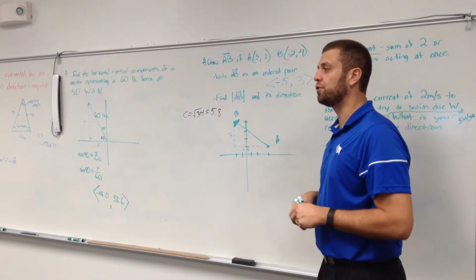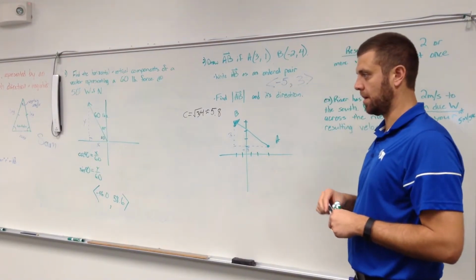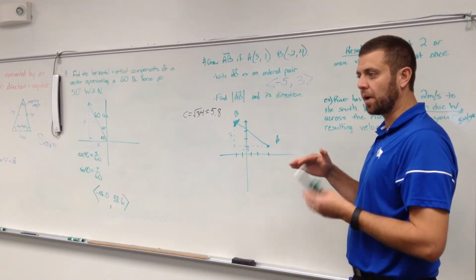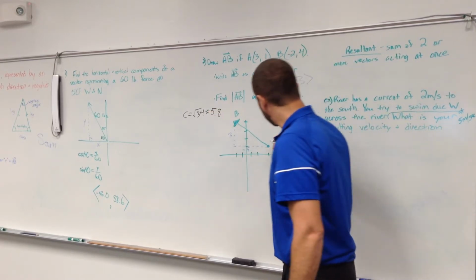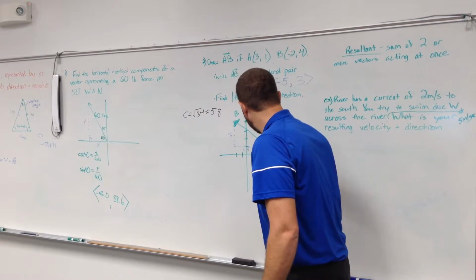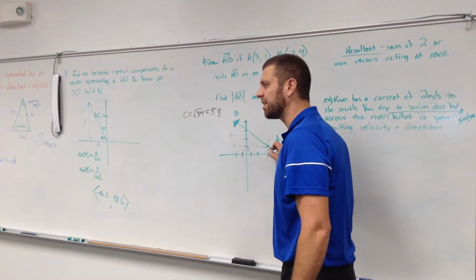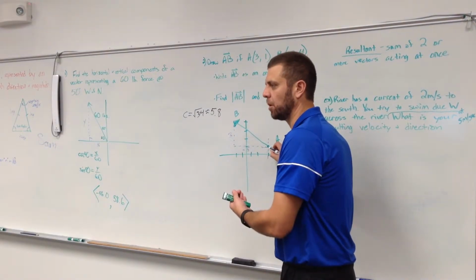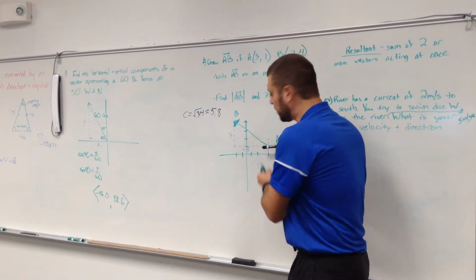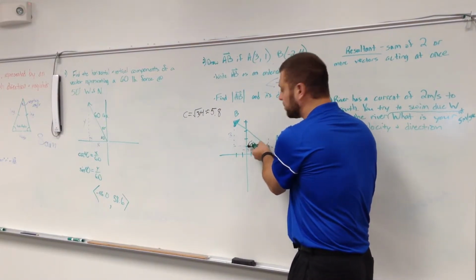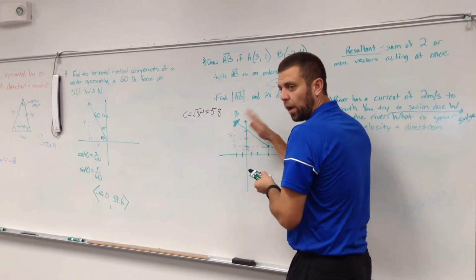Alright? The direction. Okay? Now, to determine the direction of this vector, we think for a moment that the starting point is like our new origin. Okay? So, we ended up going so many degrees north of west.